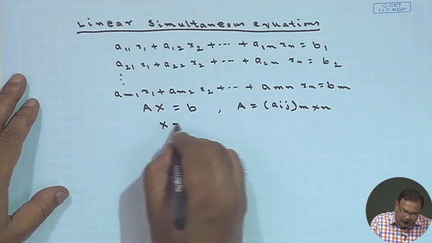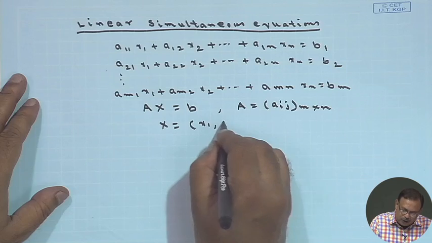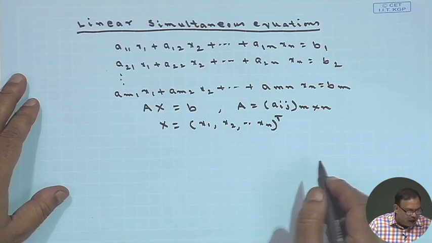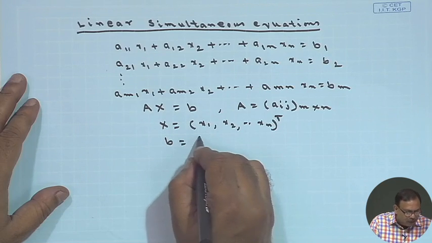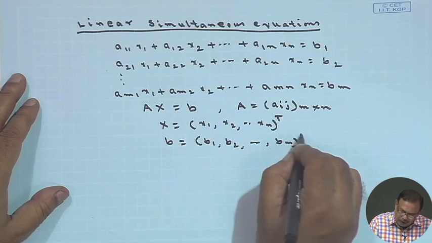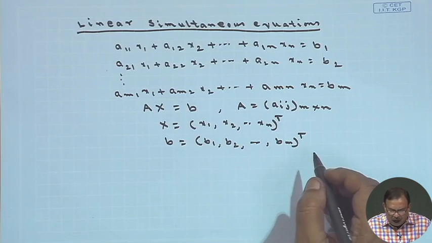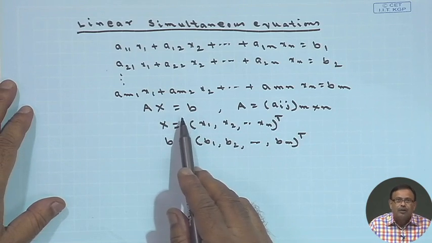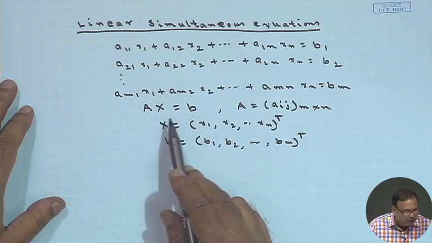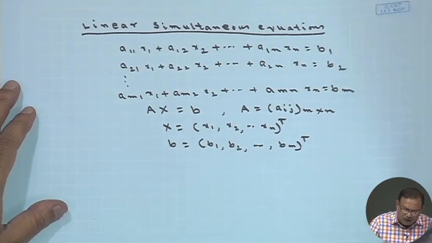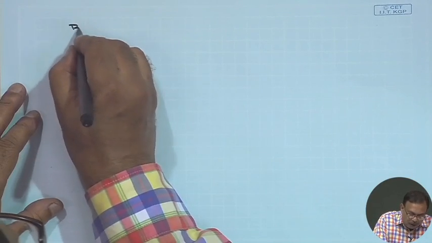Your x will be x1, x2 up to xn transpose, and similarly your B will be B1, B2 up to Bm transpose. So, whenever you are having some equations, in matrix notation we can always write it in the form Ax equals B. Whatever we are going to talk about, this matrix notation will be very useful.